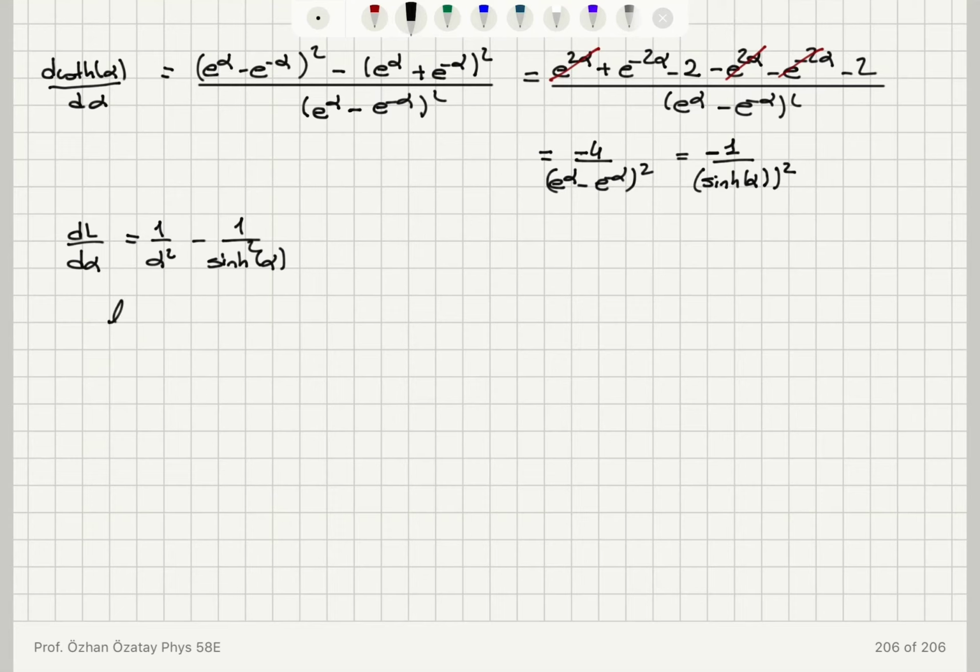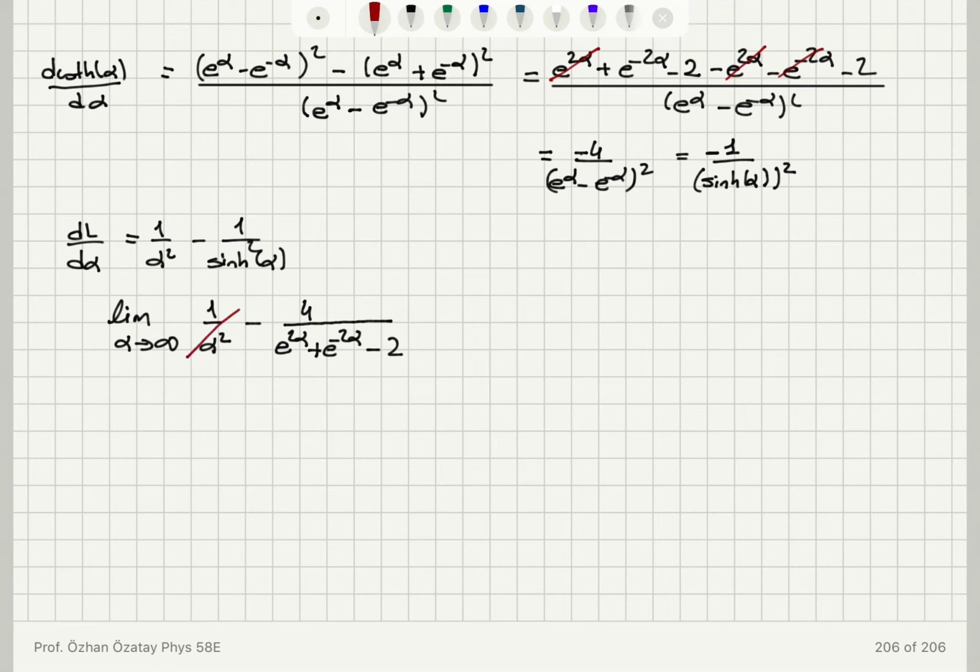So the limit as alpha goes to infinity, I have 1 over alpha square minus 4 over e to the 2 alpha plus e to the minus 2 alpha minus 2.